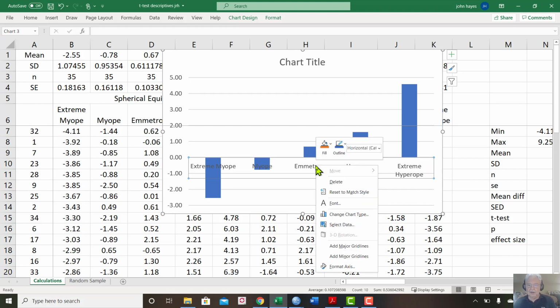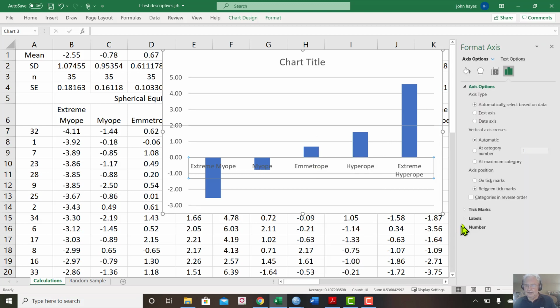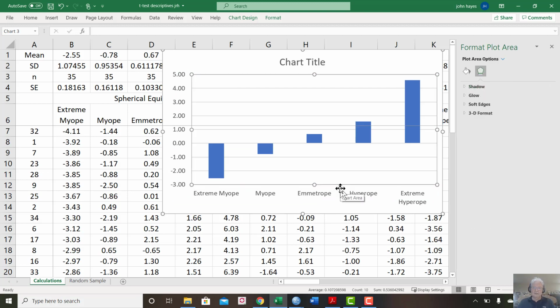And then I'm going to right click. I'm going to go down to Format Axis. I'm going to go to Labels, because these are the labels. And down here, Label Position. Right now it says Next Axis, because it's sitting right next to this center axis. We're going to move it low. Now it's down there. Now it reads a little better.